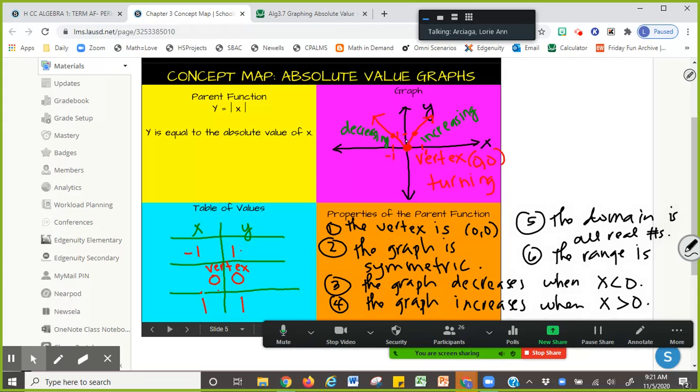The lowest y value, meaning the deepest portion of your graph, is at the vertex, right? So the y value there is 0. So that means the y values used in the graph are from 0 to positive infinity. So you put the range is y greater than or equal to 0.